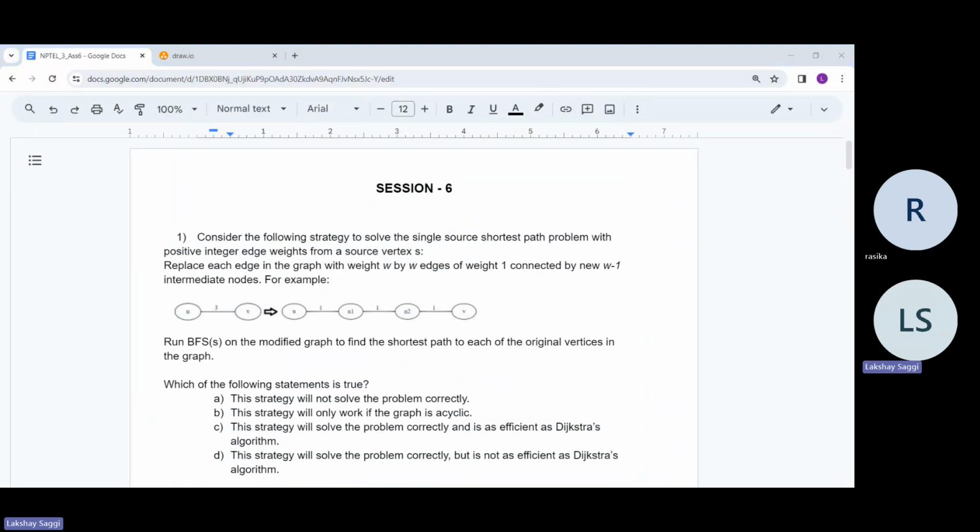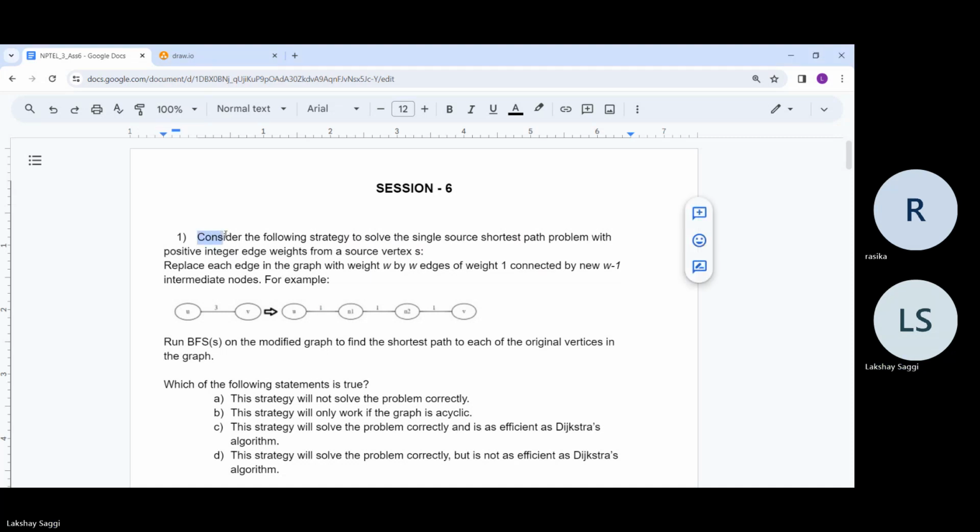If it is not, please inform me via chat. Otherwise, I'll just assume that it's visible. So I guess we can just get started with the questions. Today's problems will be mostly on shortest paths and algorithms related to shortest paths.